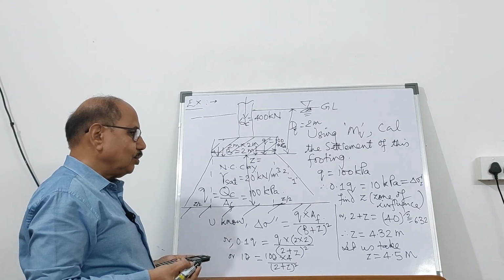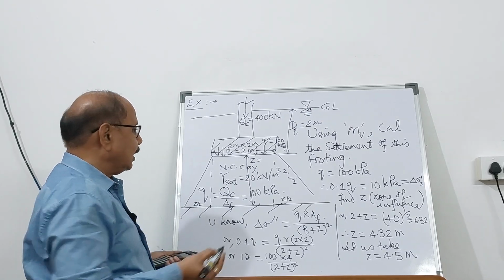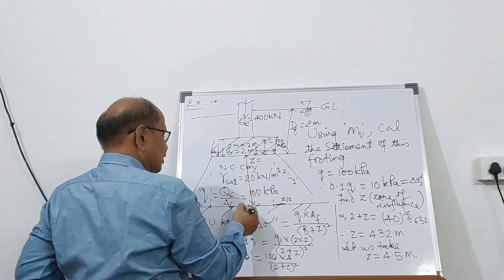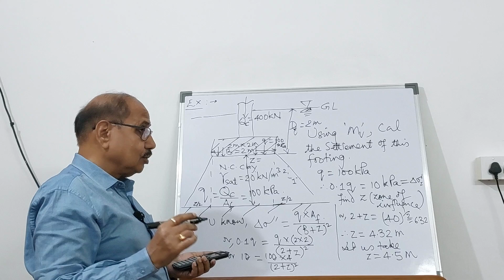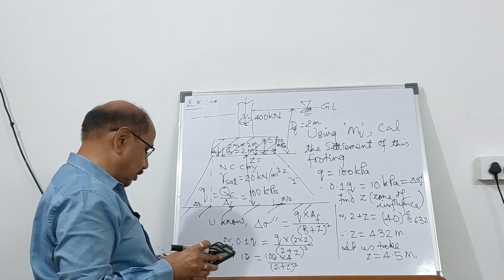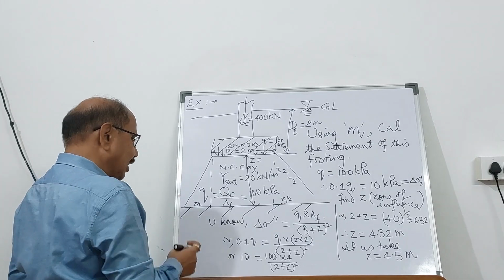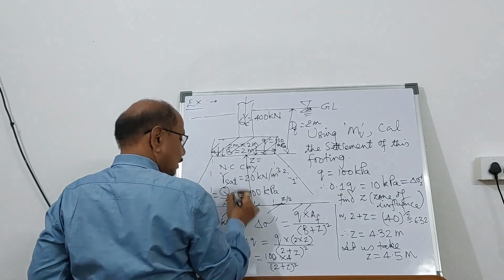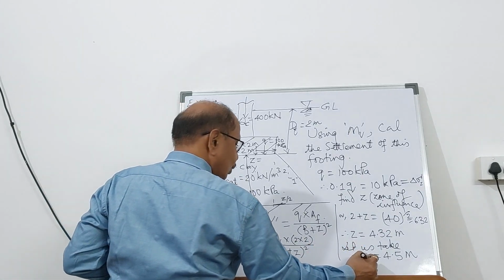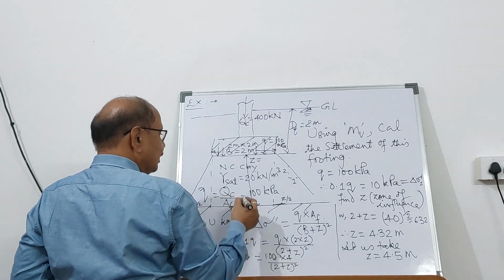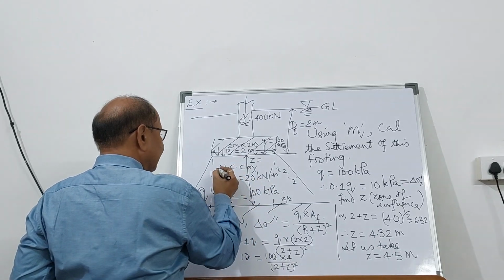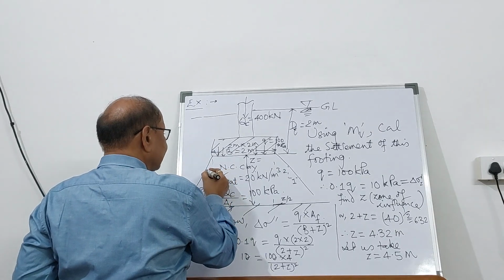Naturally, you know that you will have to divide this zone of influence into minimum 3 layers. So let's divide it. If total depth is going to be 4.5, 3 layers means each layer will be of 1.5 meter.